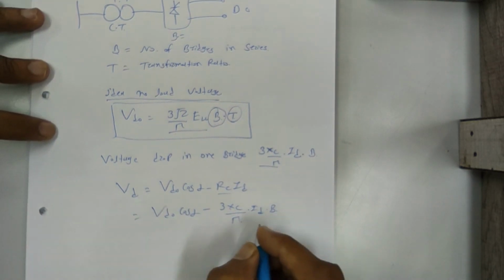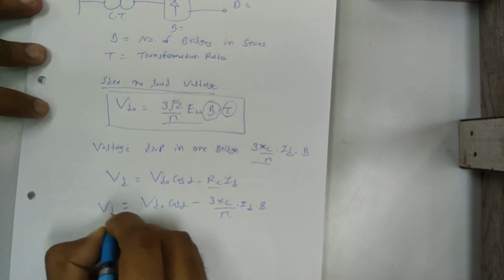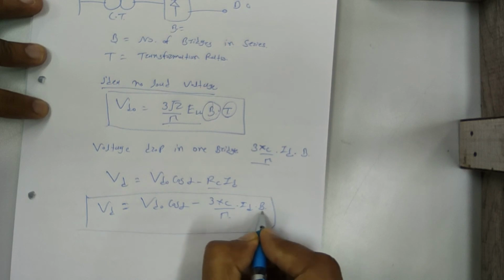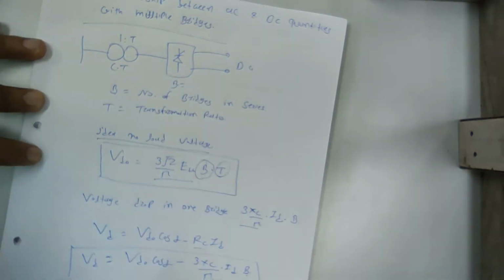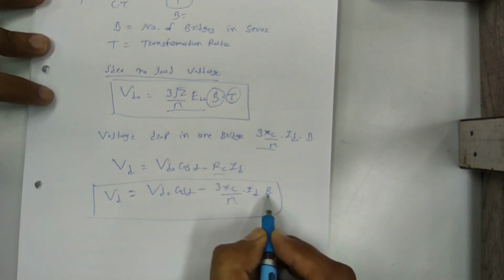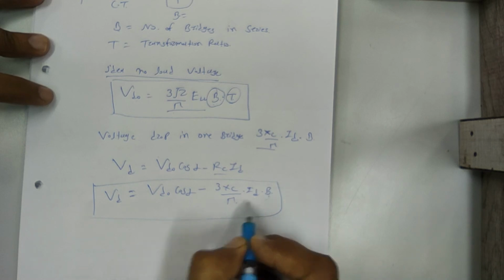So this is a modification of the average direct voltage in the multiple bridge converter. The change is in the voltage drop, multiplied with B. B is nothing but the number of bridges connected in series. If you connect two bridges, it means you make the 12 pulse converter. So your voltage drop is 2 times the voltage drop in one bridge.